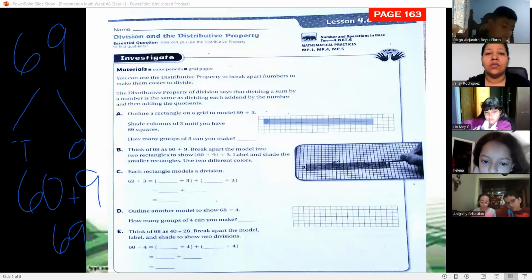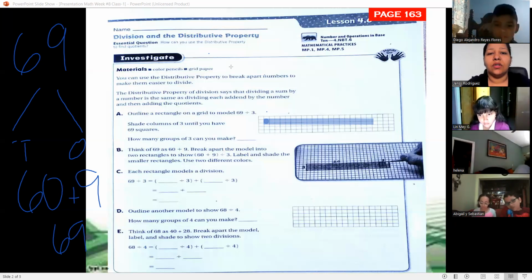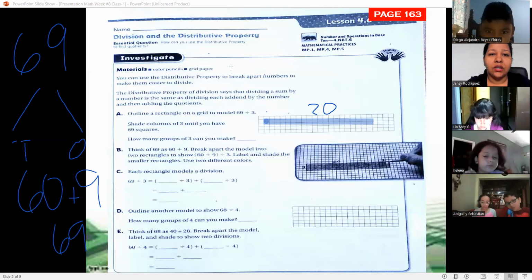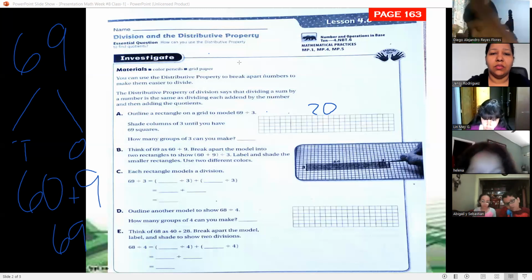So it means, guys, that in here this big rectangle is representing 3 lines of 20. I'm sorry that I need to fix this a little bit. Okay, let me erase this again to make it very good for you.